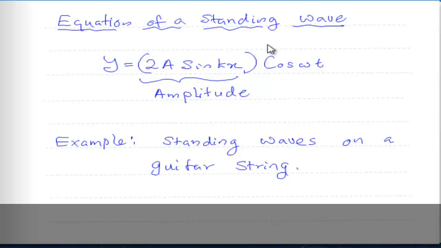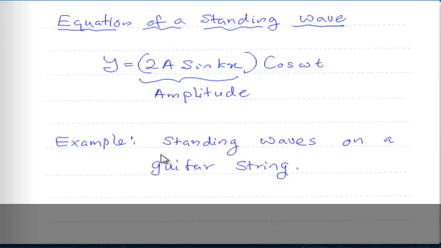Normally we know that this factor is the amplitude. This means the amplitude is 2a sin(kx), so the amplitude is a function of x, which is the position. It changes from position to position.